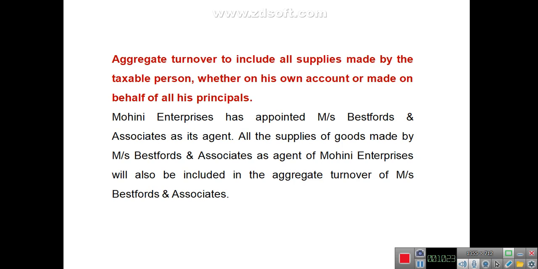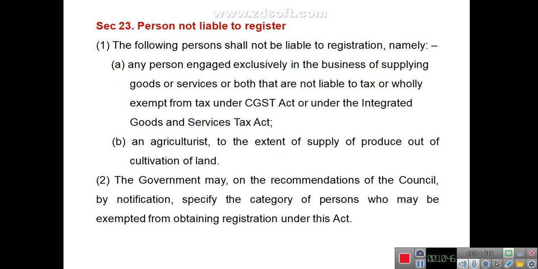For example, Mohini Enterprises has appointed Messrs Best Foods and Associates as its agent. All the supplies of goods made by Messrs Best Foods and Associates as agent of Mohini Enterprises will also be included in the aggregate turnover of Mohini Enterprises.